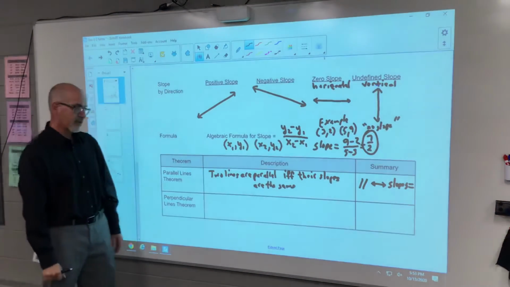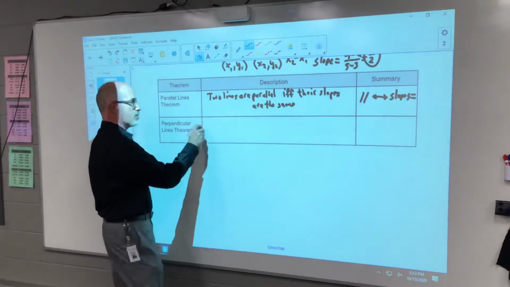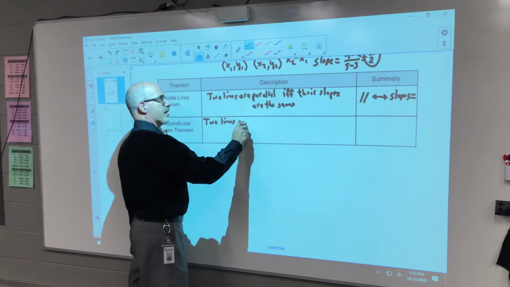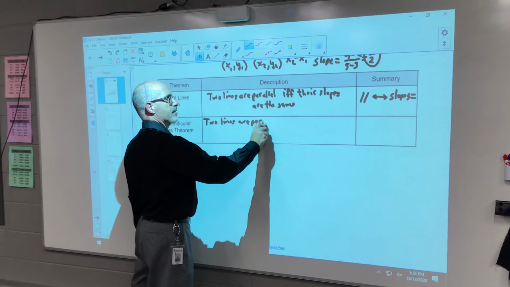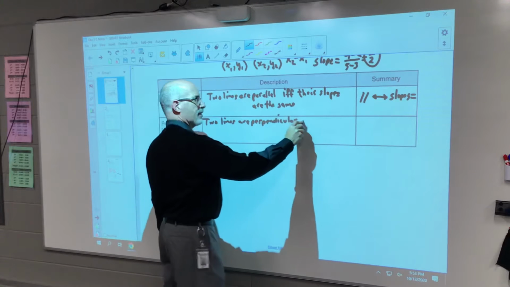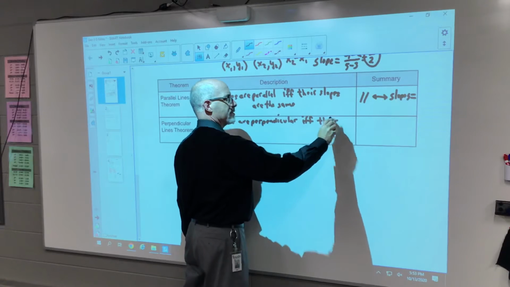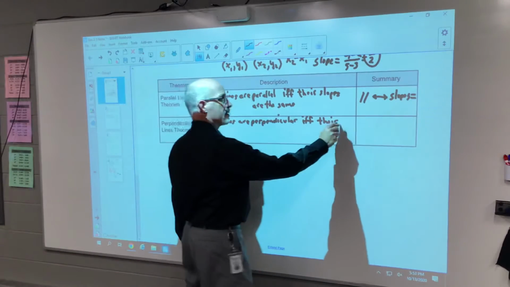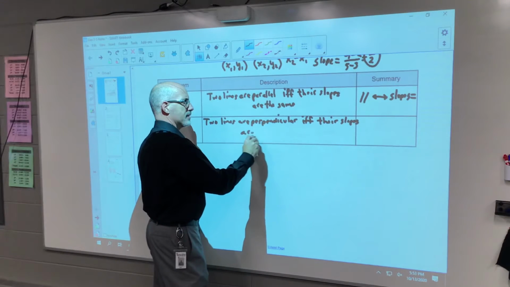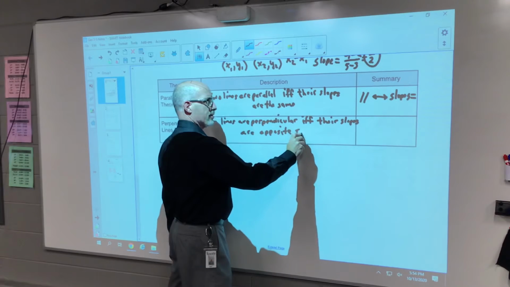Now, perpendicular line theorem, what that tells us, let's go up a little bit here. Perpendicular line theorem says two lines are perpendicular if and only if, now this, we're going to use some technical math terms, their slopes are opposite reciprocals.